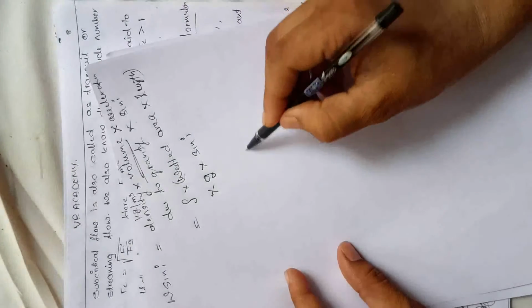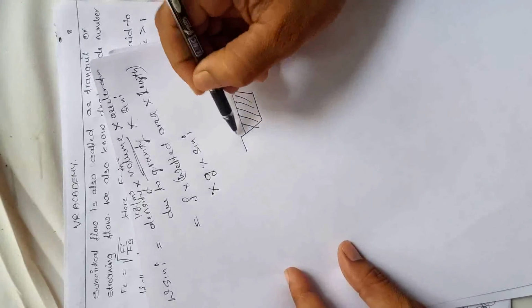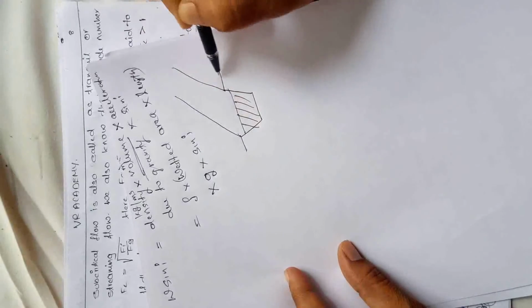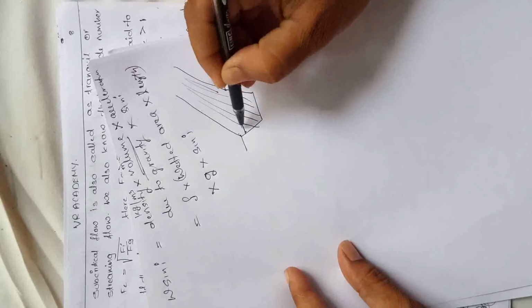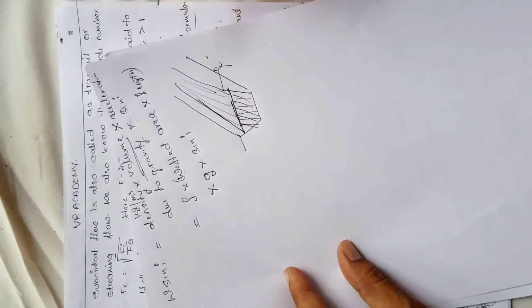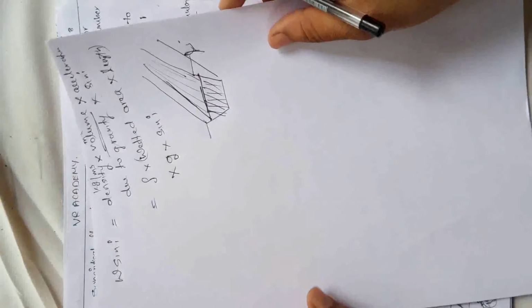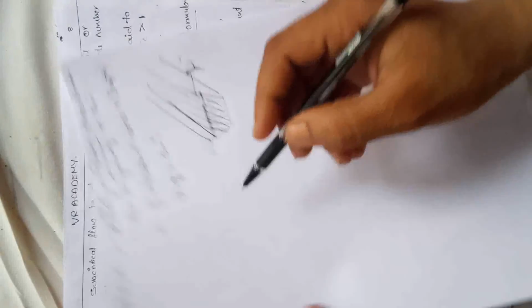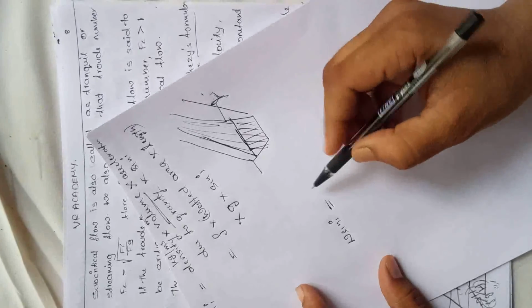Wetted area means this is the wetted area, just take it as the cross section of the trapezoidal channel. Take it as three-dimensional: this is the channel, this is the area. The water flows, and cross-sectional area into length gives the volume. So finally you can write the equation for W sin i, the weight component in the flow direction.